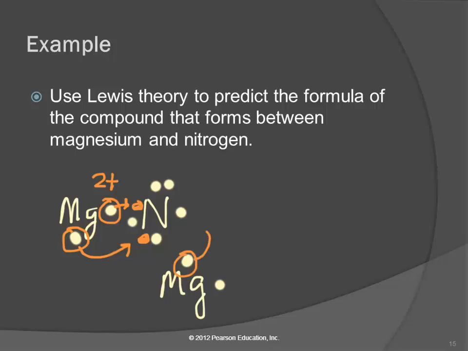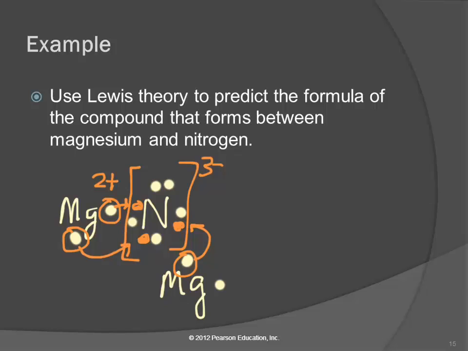And this magnesium can give 1 to that nitrogen. Now this nitrogen has a 3- charge. The nitrogen's happy. Is the magnesium happy? No. The magnesium still has an electron.